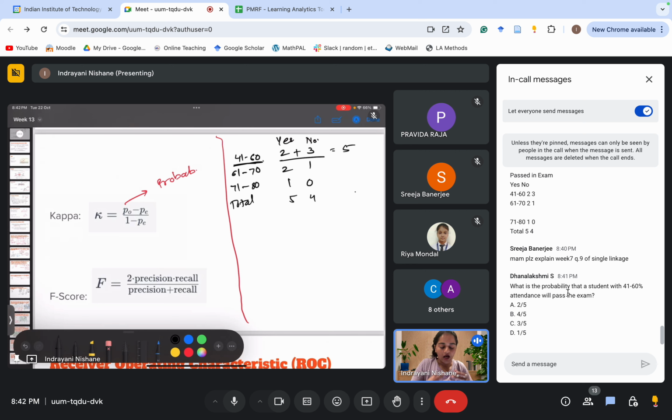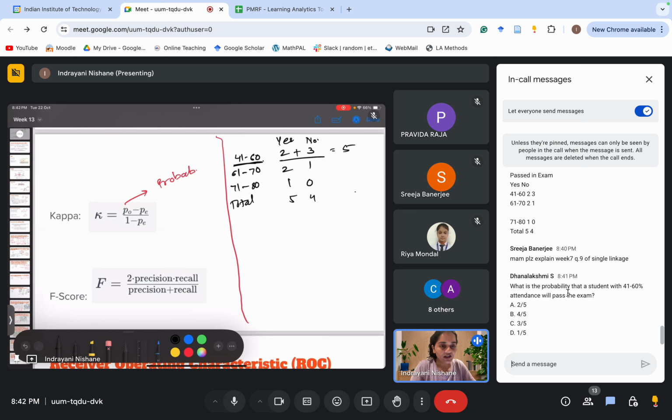How we compute probability is we try to understand what the total sample is for that condition, and out of that sample how many students are satisfying the condition asked here, passing.